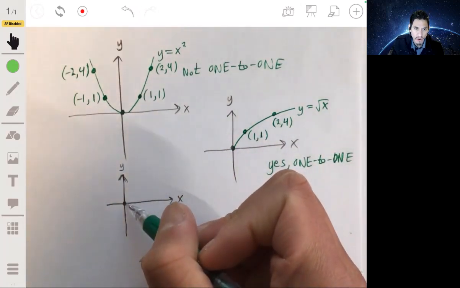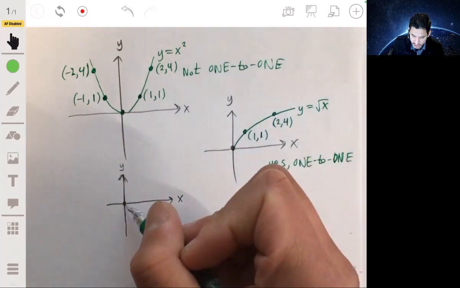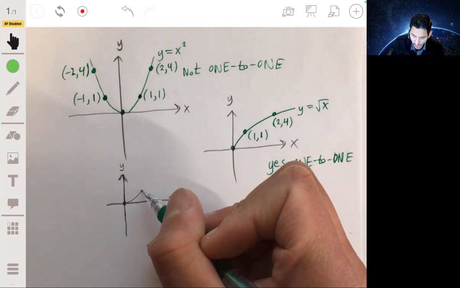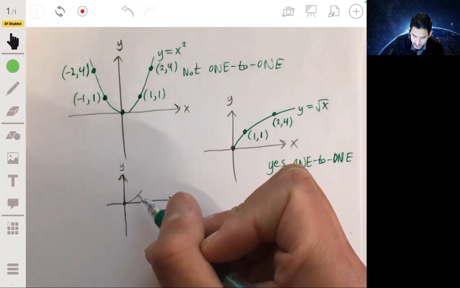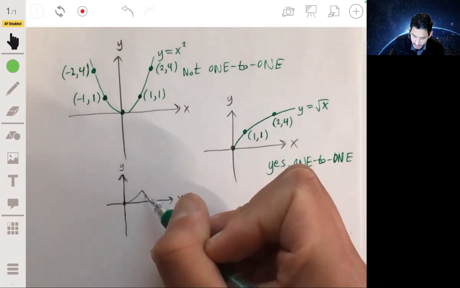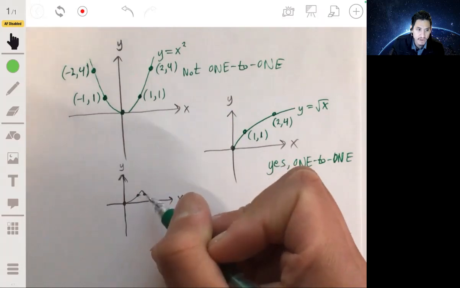Now, remember, I want it to be 1-to-1. So I'm going up, going up, going up. Now, if at any point I decided to go down, even for a little bit, that means there's a y value that's the same for two x values.